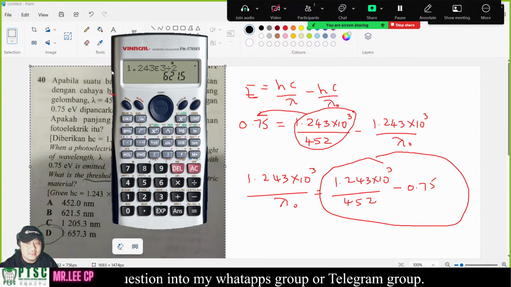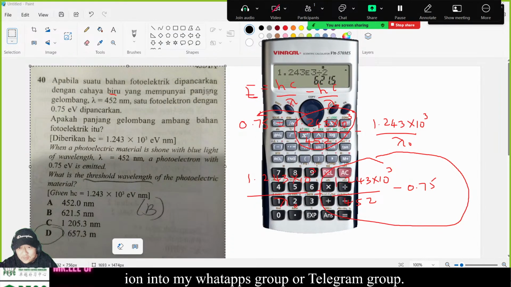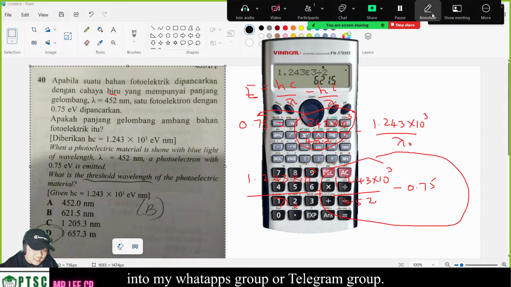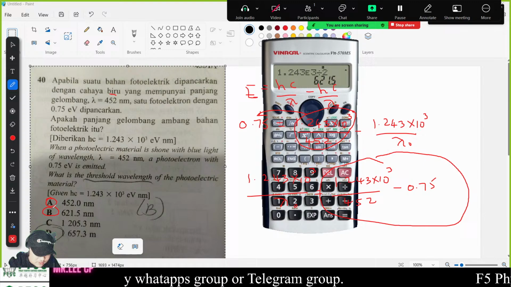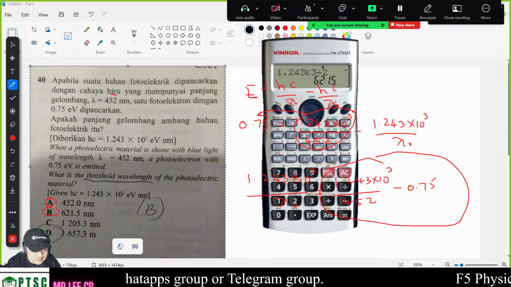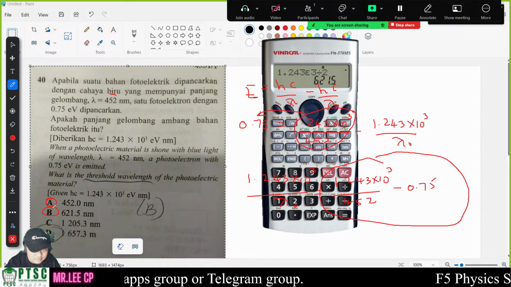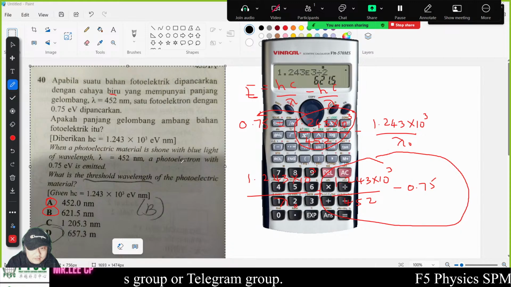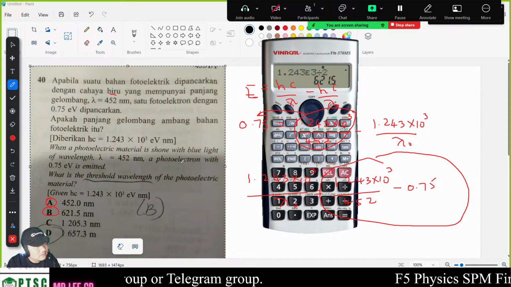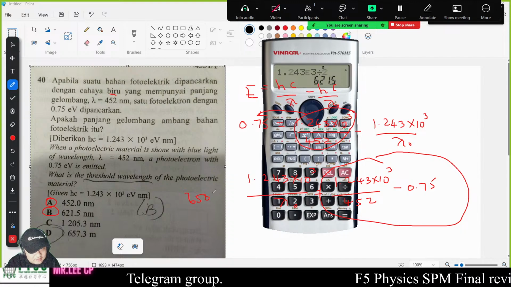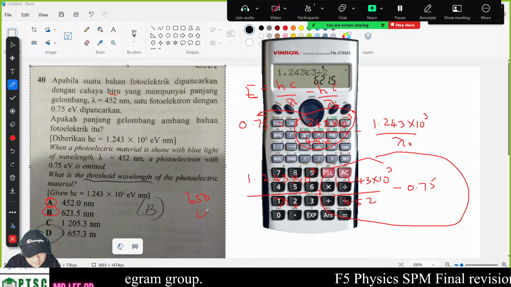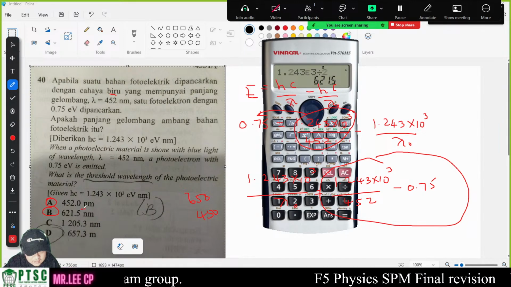I tell you, this kind of question, if I guess, I also guess A or B only. Because the wavelength of the red one is about 650. The blue one is about 450 nano.